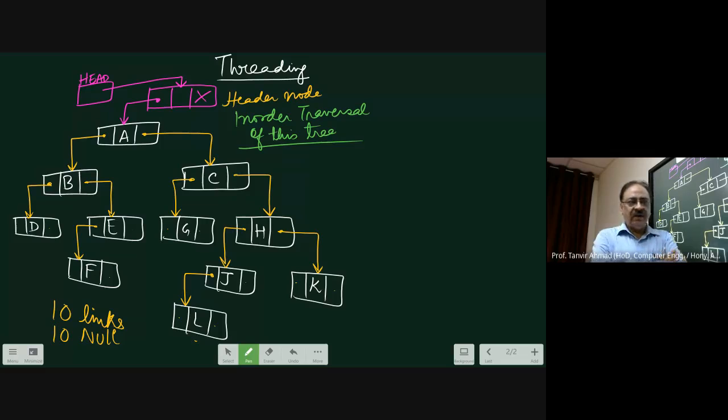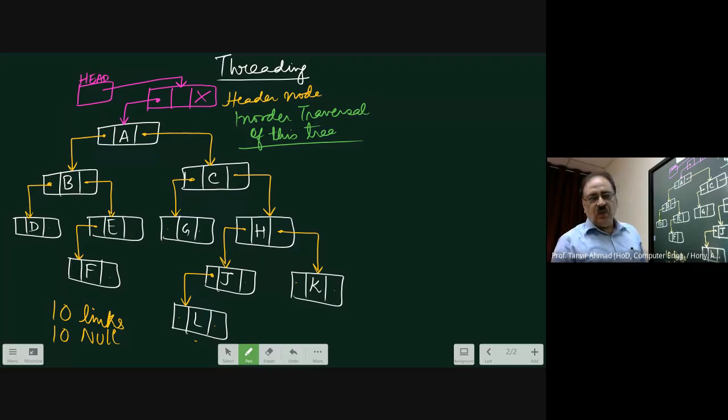Because A is the root. I'm going to make a header node which will point to A. We'll come to why I need that. I can directly point head to A also, and this can work because you have a tree like this, but there could be two trees which may not be connected to a single node. Let me first cover the in-order threading.